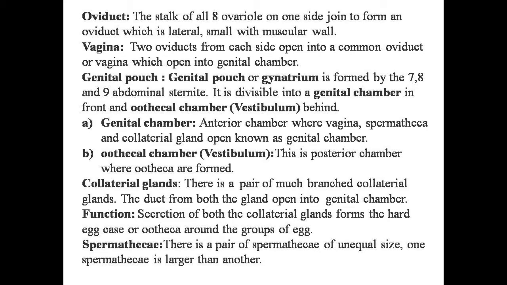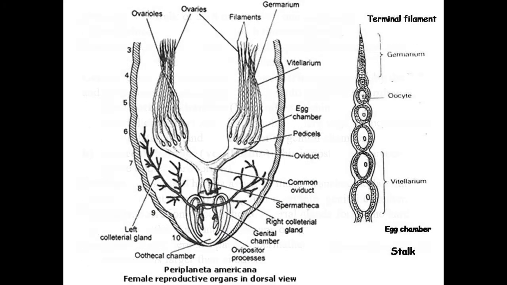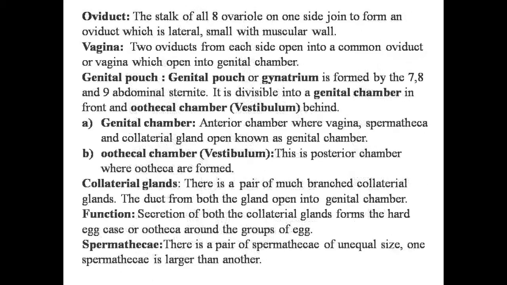The anterior chamber where the vagina, spermatheca and collateral gland open is called the genital chamber. The oothecal chamber or vestibulum is the posterior part where the ootheca is formed.